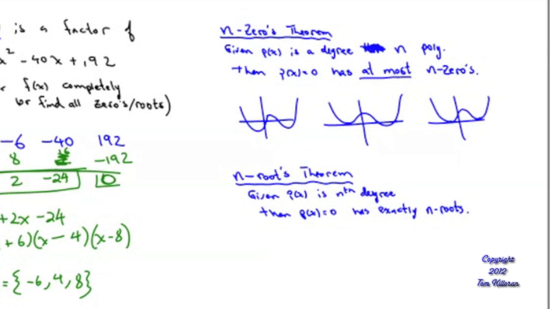Now, why are they different? This one, we're talking about zeros. Zeros have to be real. So that's why you get these different setups.